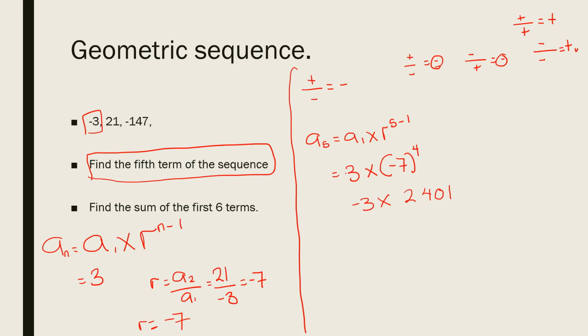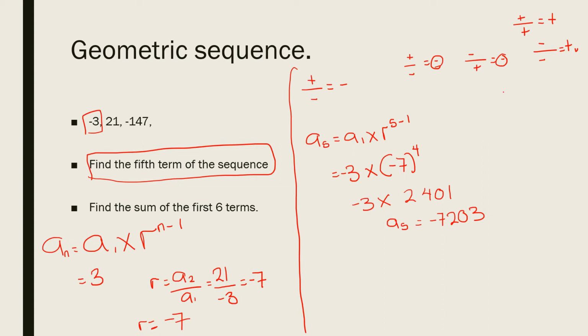Minus 3 times 2401 gives me minus 7203. So our A5, the fifth term of the sequence, is minus 7203.